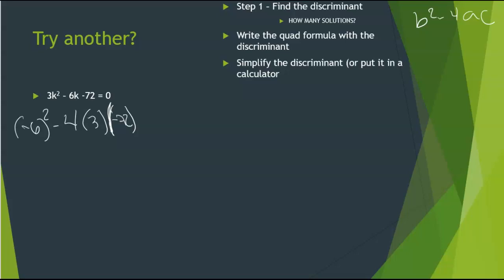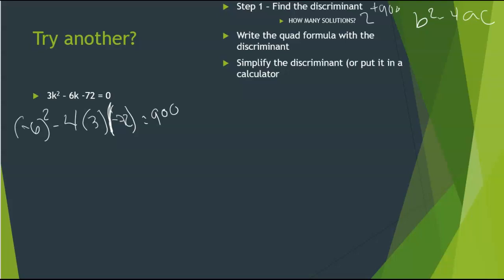Minus 4 times 3, open parenthesis, negative 72, close parenthesis. Ooh, I got 900. We're certainly getting some interesting numbers here, aren't we? Okay, so the discriminant is positive 900. How many solutions will there be? There will be 2 solutions.